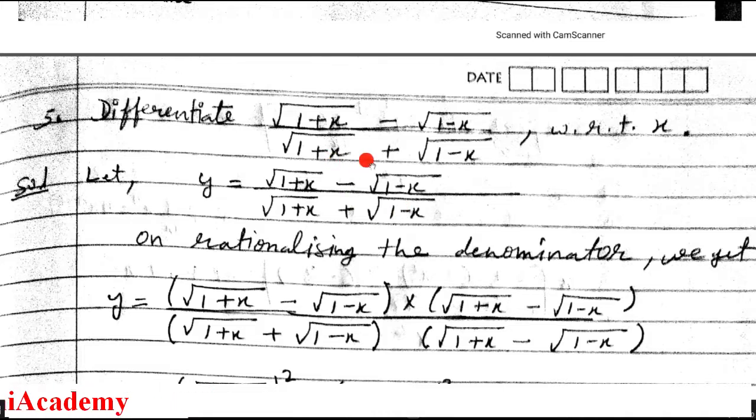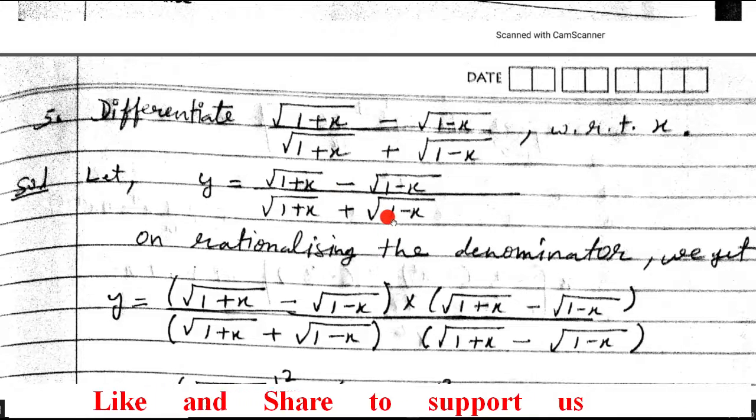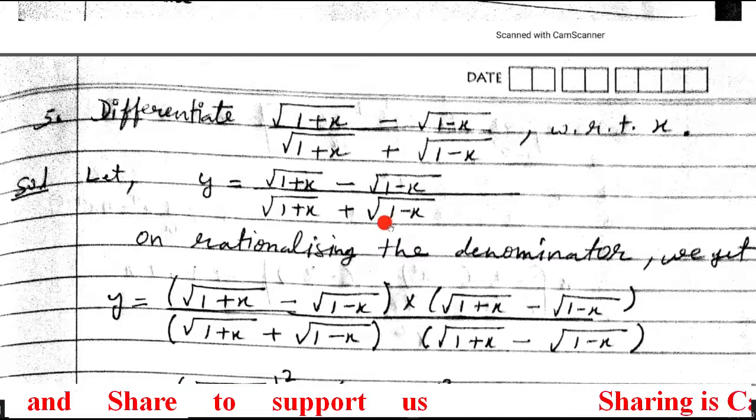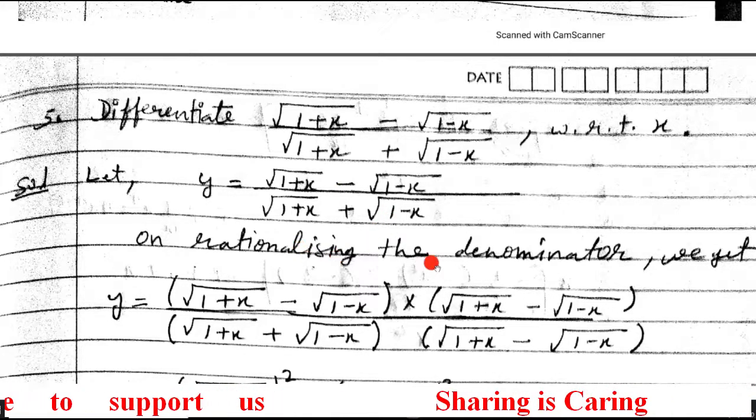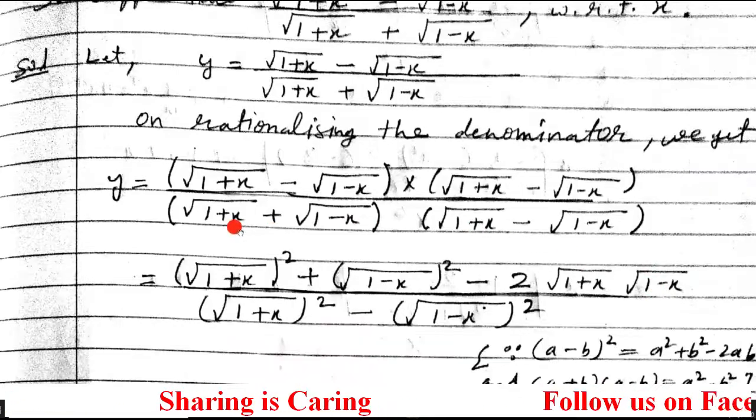Differentiate. We have to differentiate this fraction with respect to x. So here again it's a fraction, numerator upon denominator. So before using the formula, we will reduce it, otherwise it's going to be very lengthy. So we will rationalize the denominator.